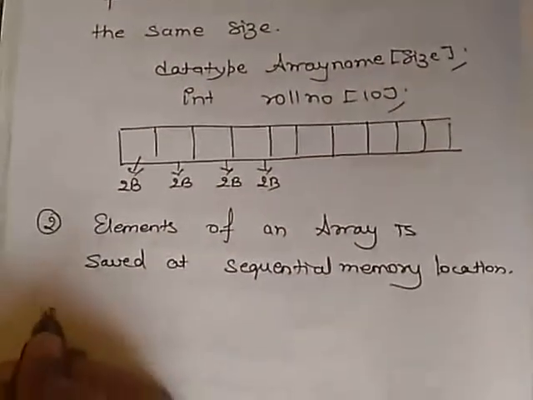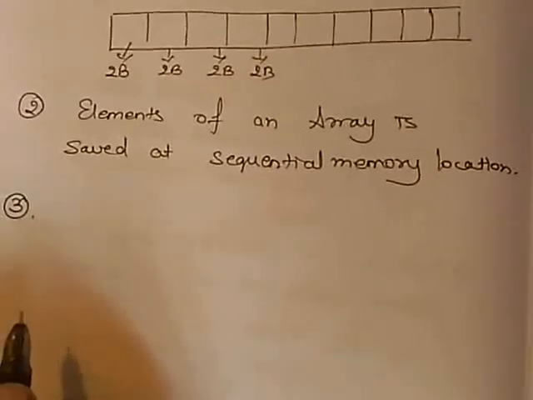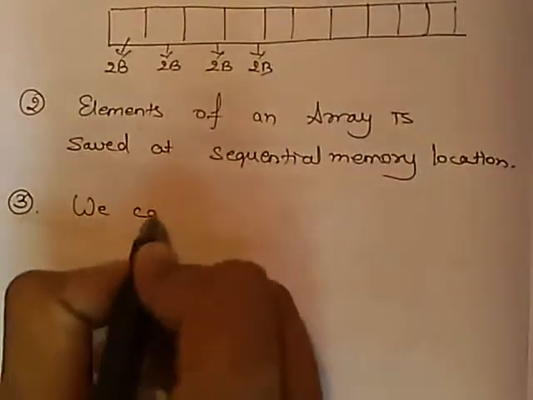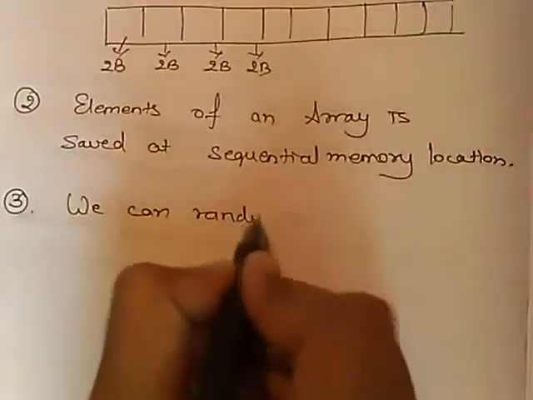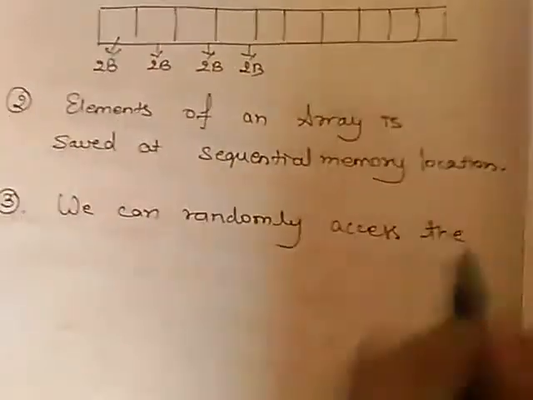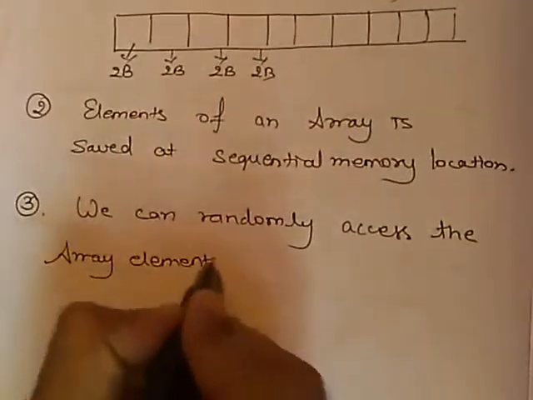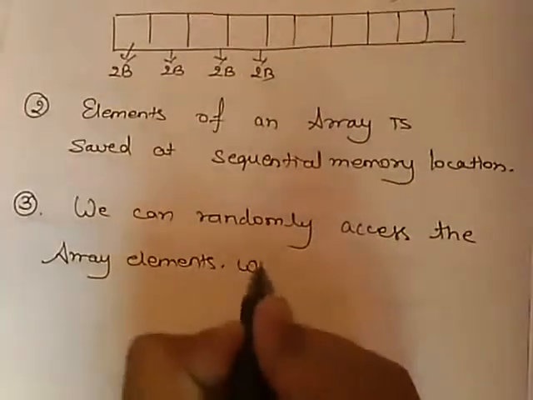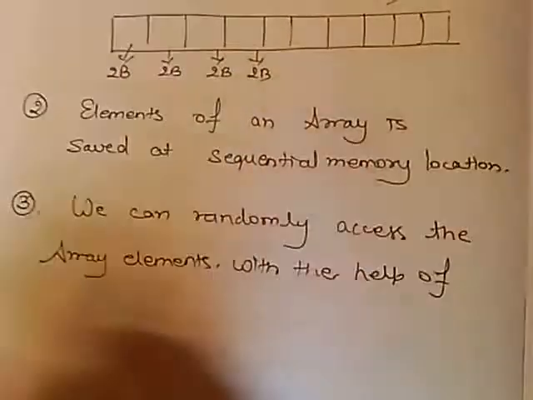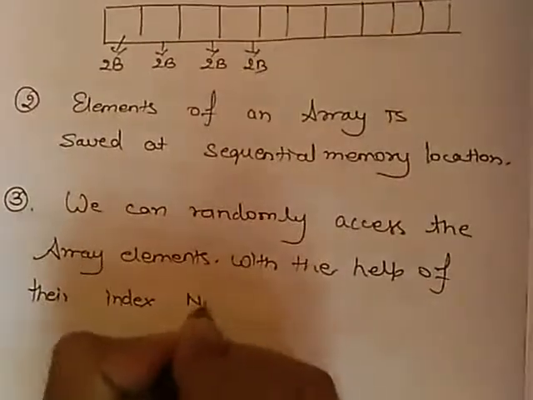Now, one of the most important characteristics or properties of an array is that we can randomly access the array elements with the help of their index number.